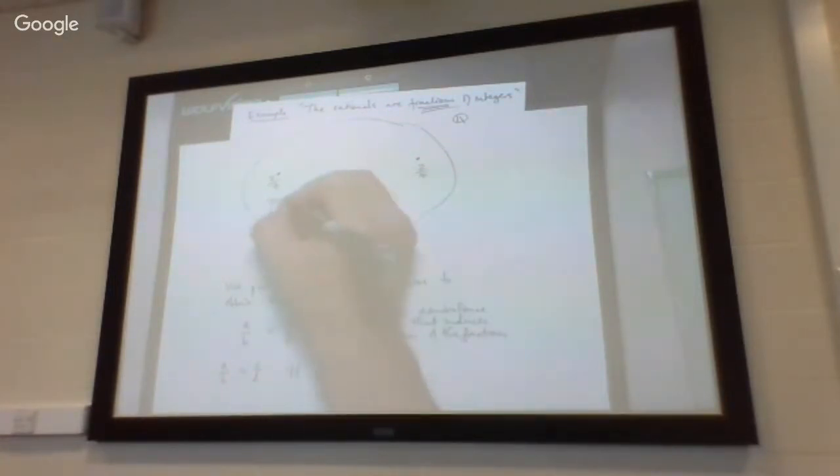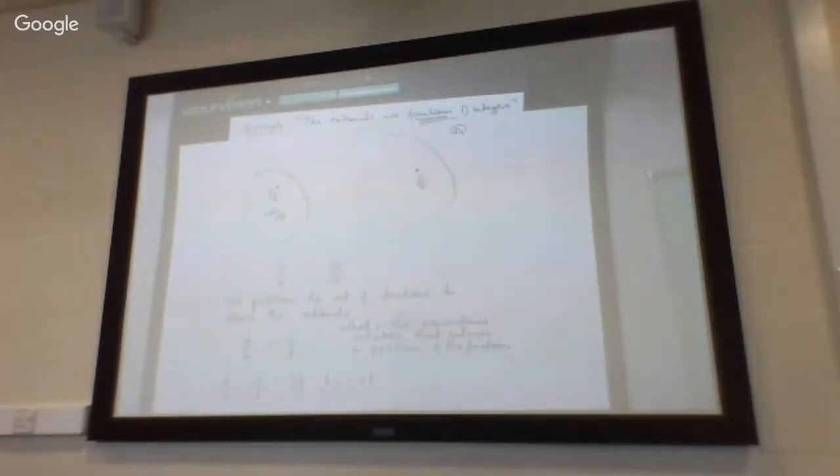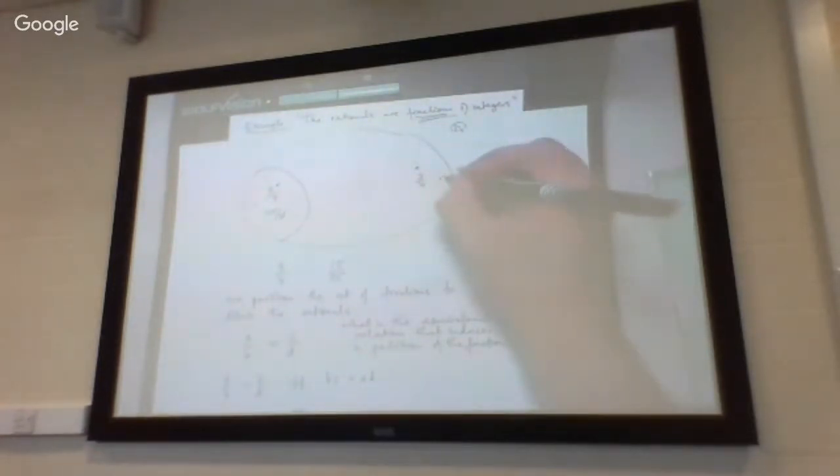So 15/35 and 3/7 would be gathered together here in this cell, together, of course, with the infinite amount of other representations of that same rational number. And 2/4 and a half would be gathered in another cell, together with the other infinite number of representations of that rational. Okay.